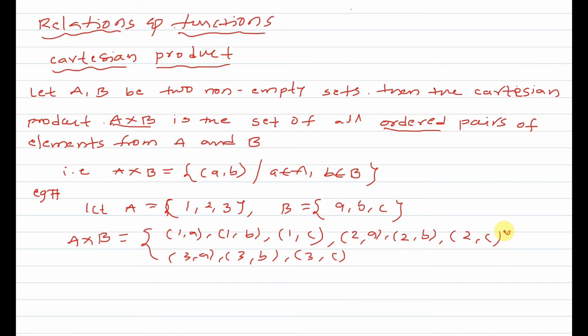So these are the ordered pairs. See how many elements are there? 1, 2, 3 here, and 1, 2, 3 here. 3 threes are 9 elements must be there. See, 1, 2, 3, 4, 5, 6, 7, 8, 9. So this is A cross B. This is the Cartesian product of A and B. Okay, right.